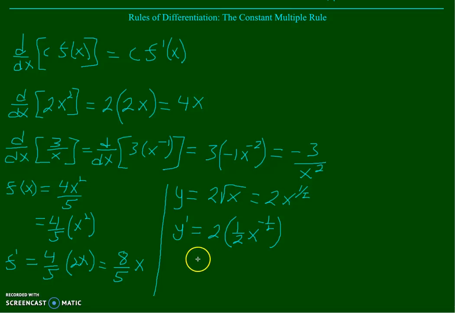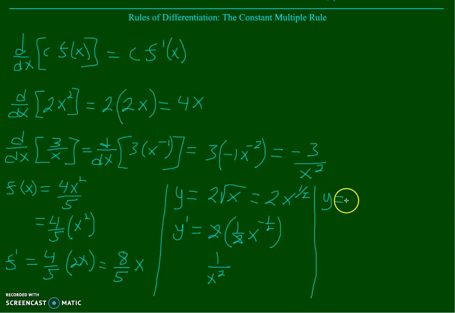And to simplify this, 2 divided by 2, these guys go away. So we simply have 1 over square root of x. Not too obvious a problem, but not too difficult.